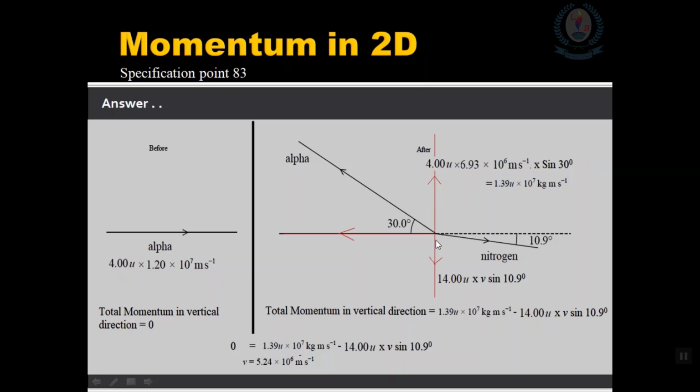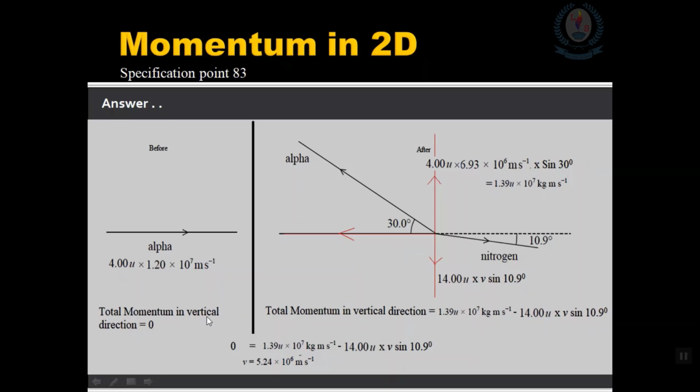But nitrogen has a component of its momentum downwards, so it's negative. Upward momentum is positive, downward momentum would be negative. So then the answer would be 1.39u into 10 to the power 7 minus 14u into v sine 10.9. That is the total vertical upward momentum after the collision.